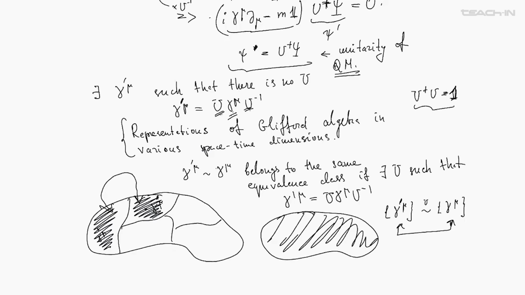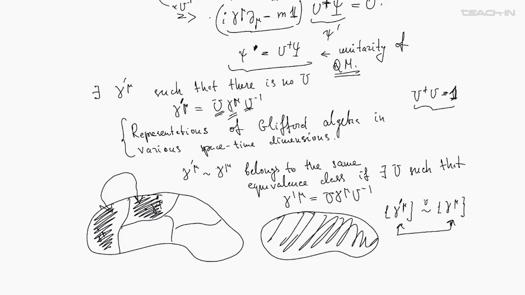Once again, you can have many possible choices of gamma matrices to realize Clifford algebra. And later I will write you other representations of Clifford algebra in terms of concrete matrices. But again, what is important is that all these different representations which realize these Clifford algebra relations are related to each other by some unitary transformations.